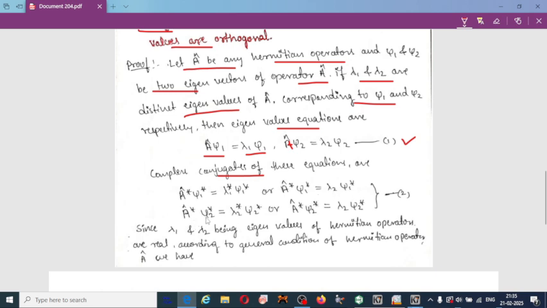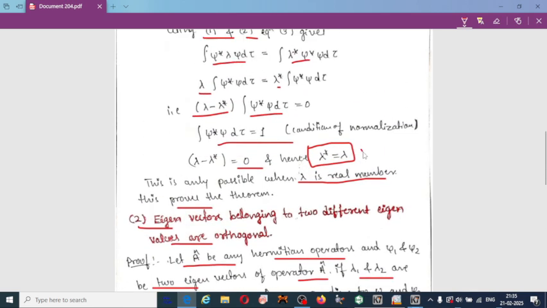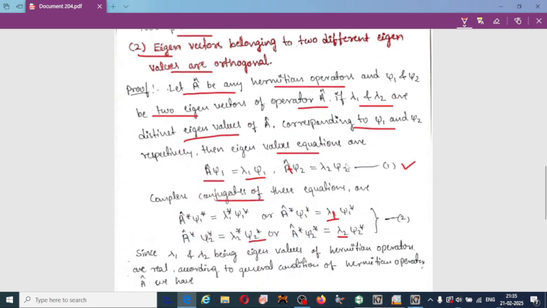And A cap star psi 2 star is equal to lambda 2 star psi 2 star, or A cap star psi 2 star is equal to lambda 2 psi 2 star, because we have proved in the first theorem that lambda star equals lambda.